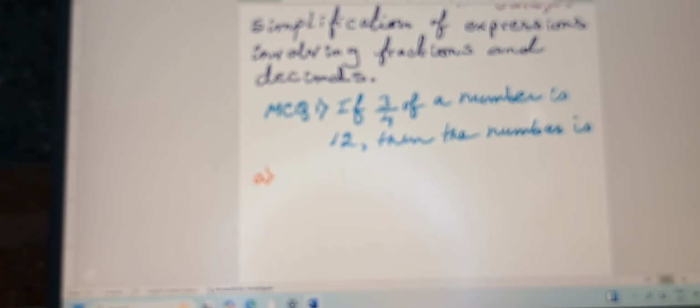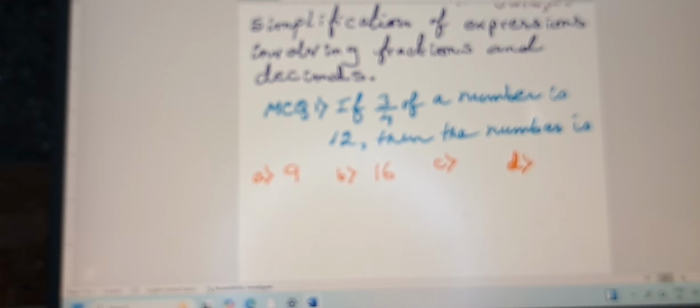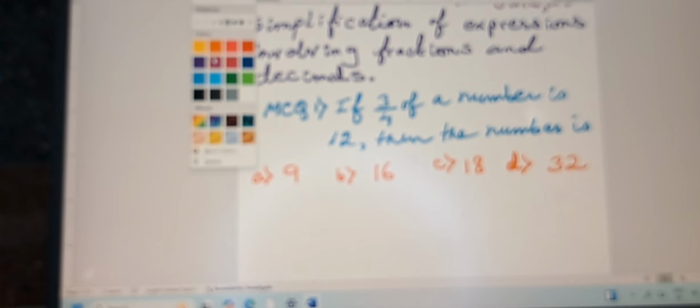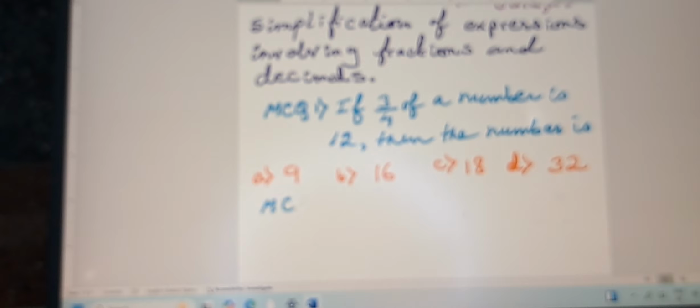We all know that in MCQ we get 4 options, and you have to choose the correct option and write the answer. The first option is 9, second one 16, third one 18, and fourth one 32. This is MCQ number 1, followed by MCQ number 2.